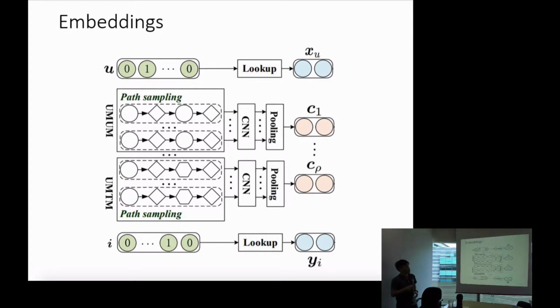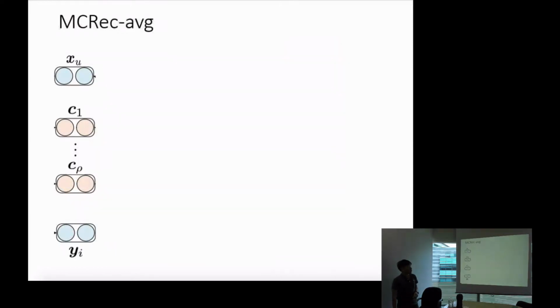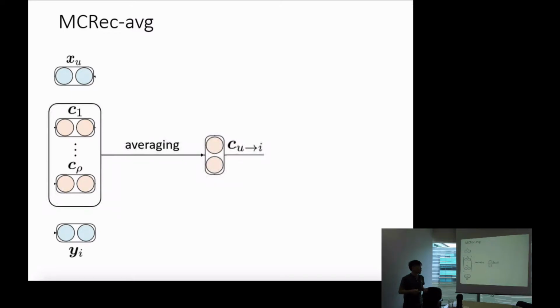Okay. So at this point, we have the user embedding, we have the item embedding, and we have the embeddings for each metapath between user and item. And this is what we care about now. So the first naive variant of this model is that we have multiple embeddings for different metapaths between user and item. What we want is to pull some common embedding from this set of embeddings. So the naive approach is that we can do averaging.